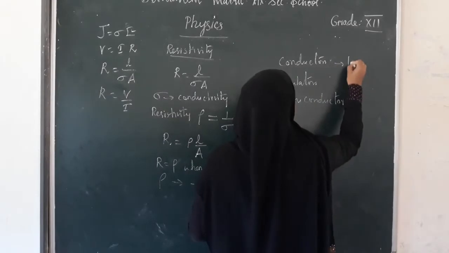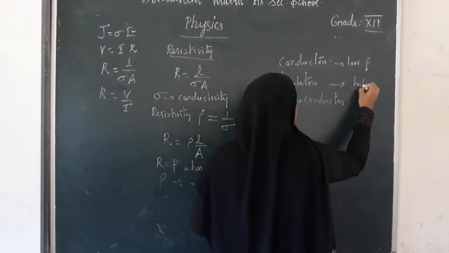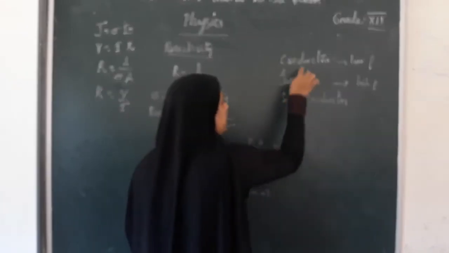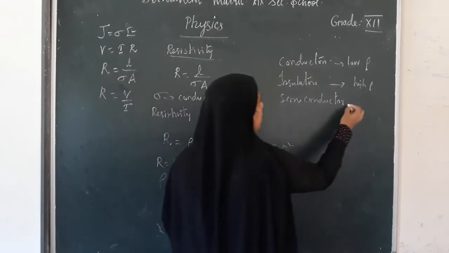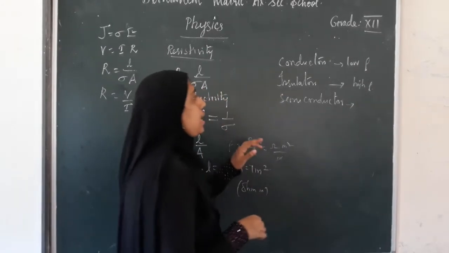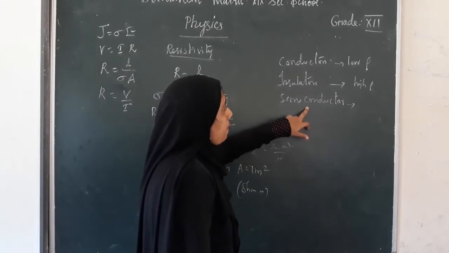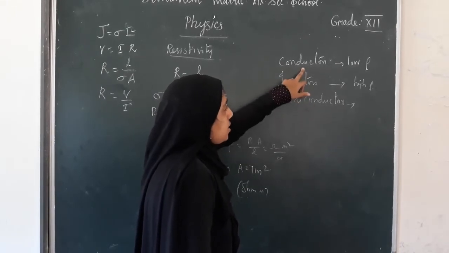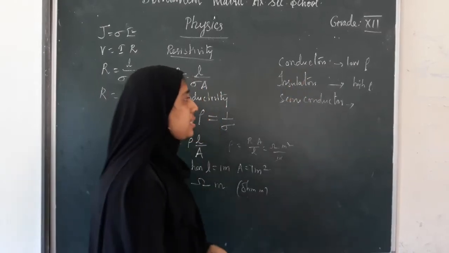Conductors will conduct, insulators will not conduct, so they have high resistivity. The semiconductor has resistivity greater than the conductor and lesser than the insulator.